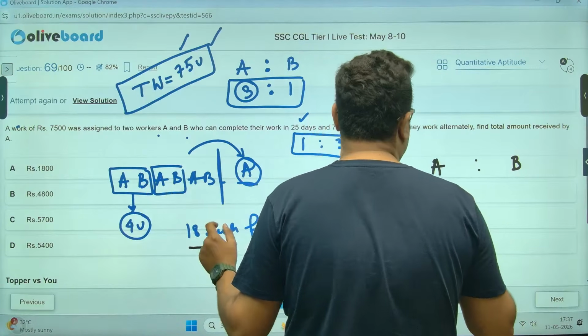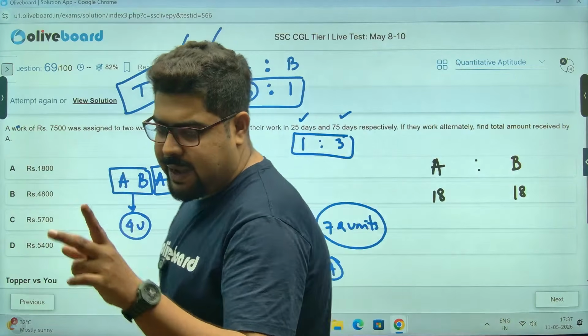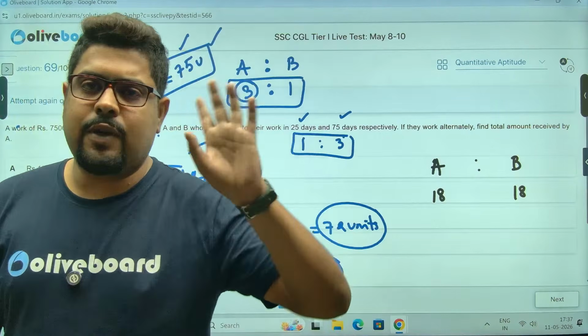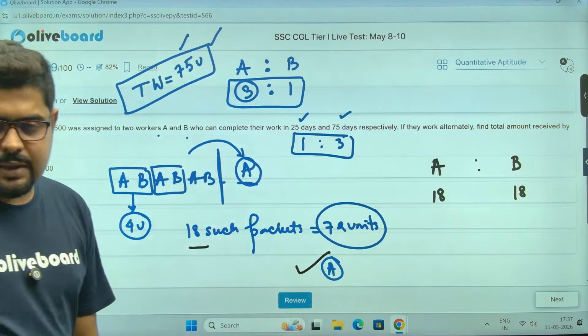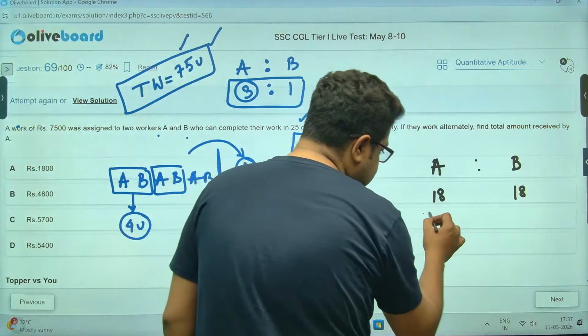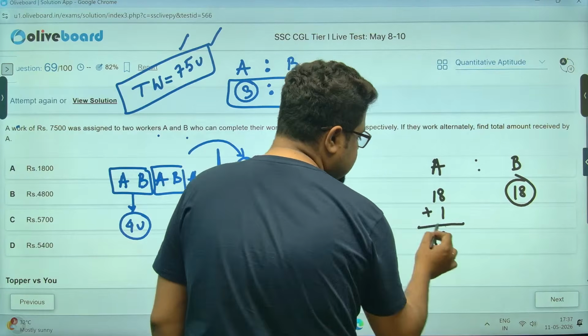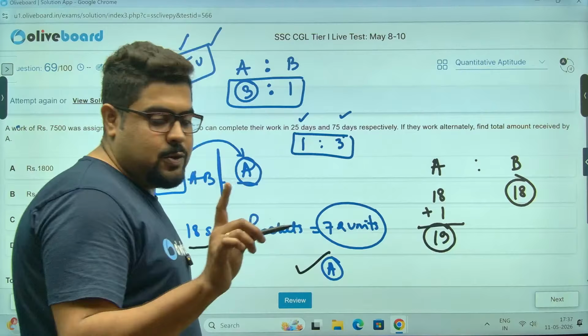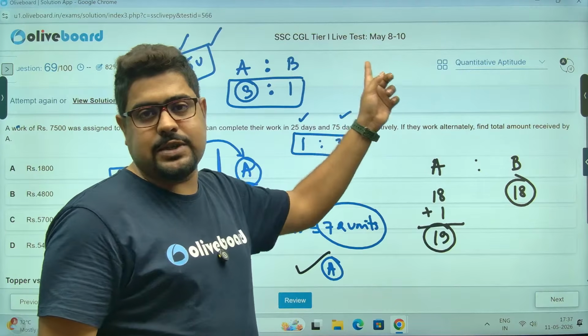I have taken 18 packets, meaning A has worked for 18 days and B has worked for 18 days, because in every packet each of them works 1 day. But on the last day, A has worked extra, meaning A has worked for 19 days and B for 18 days.